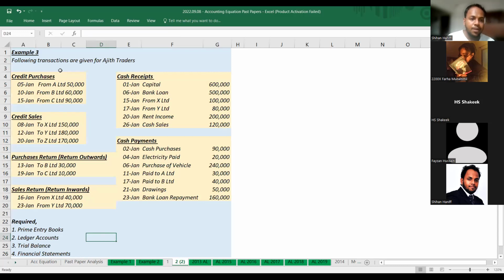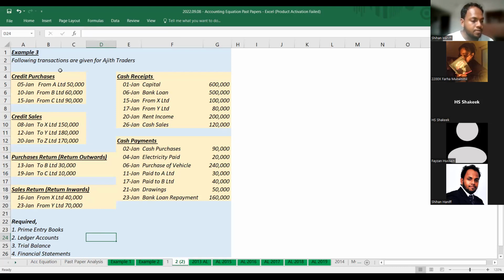Here, I'm going to explain the basic 5 prime entry books: the cash receipts and payments, purchases, sales, return inwards, and return outwards. Then we will post them into the ledger accounts using the double entry principle, and we post them to the trial balance and prepare financial statements.